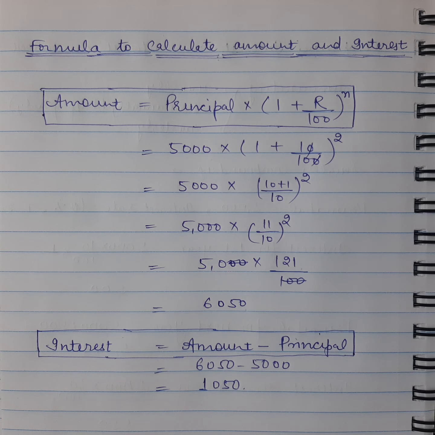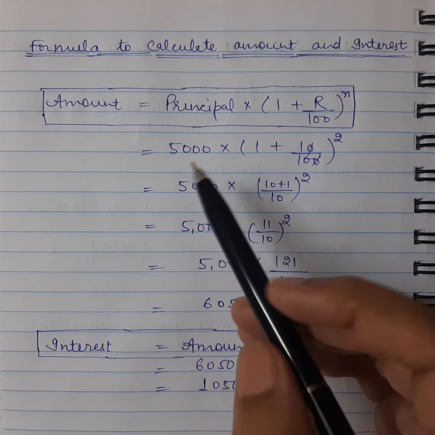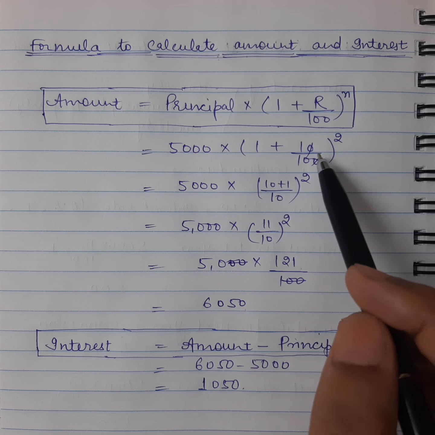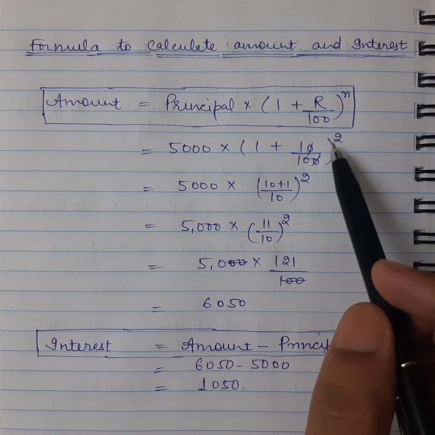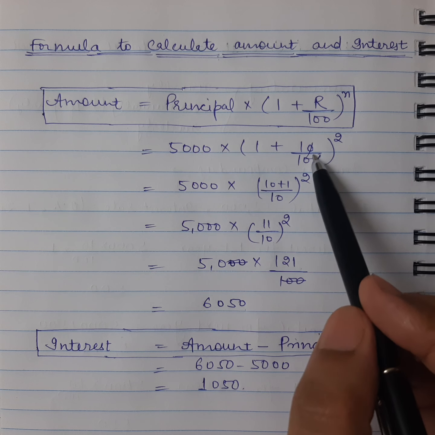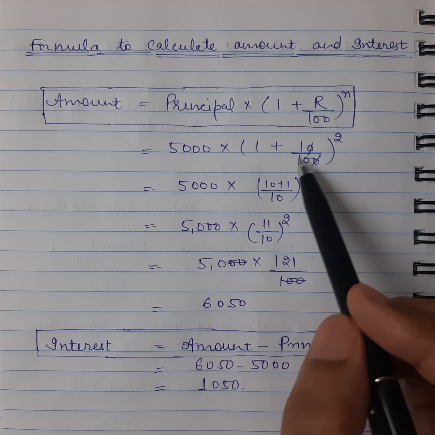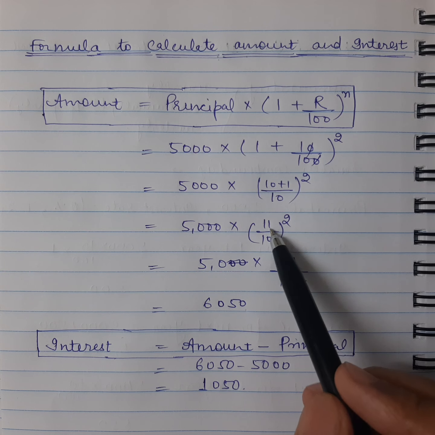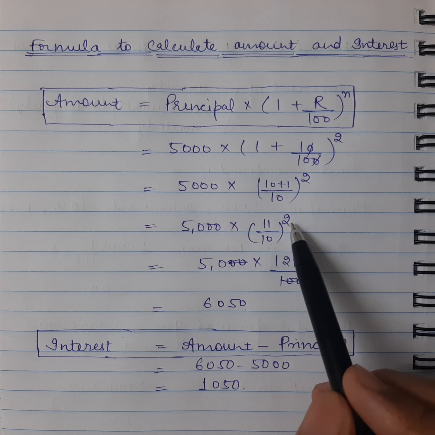So let me recapitulate. We know the principal is 5,000, then we put the value of r, which is 10, then we reduce 10 with 10, and it becomes 1 by 10. Then we take the LCM, which is 10 plus 1, and it becomes 11 by 10 squared.